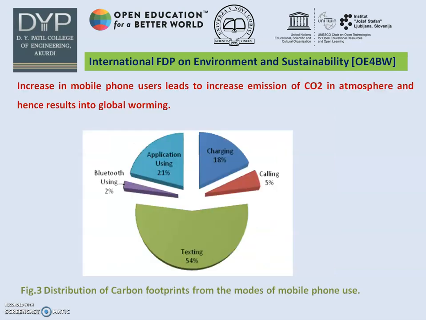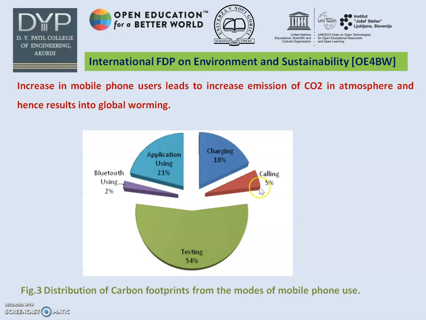Here I am going to consider the useful life as a case study. An increase in mobile phone users leads to increased emission of CO2 in the atmosphere and it leads to global warming.